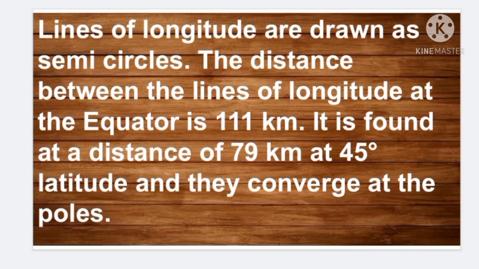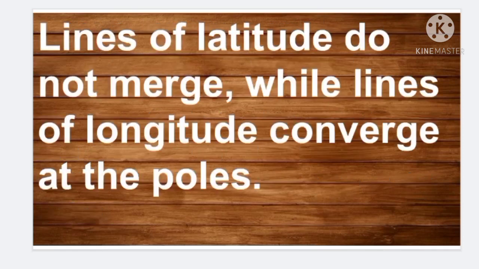Lines of longitude are drawn as semicircles. The distance between the lines of longitude at the equator is 111 km. It is found at a distance of 79 km at 45 degree latitude, and they converge at the poles. Lines of latitude do not merge while lines of longitude converge at the poles.